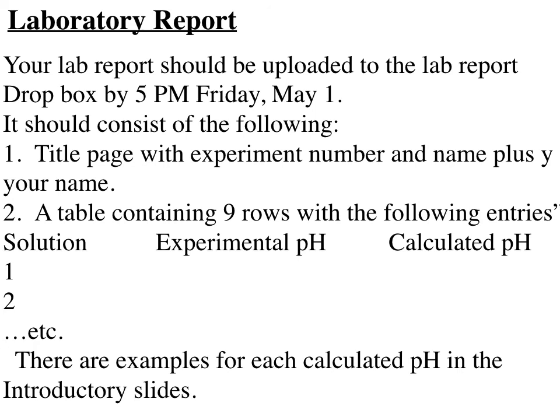Now, there are examples of how to do each and every one of these calculations on slides prior to this slide, and remember, you're going to be responsible for being able to do calculations of these types when we have our final exam at the end of the week, earlier in the week prior to when this lab report is actually due.